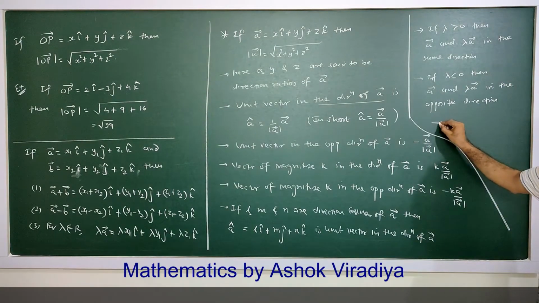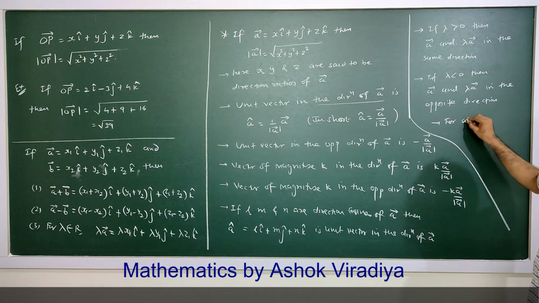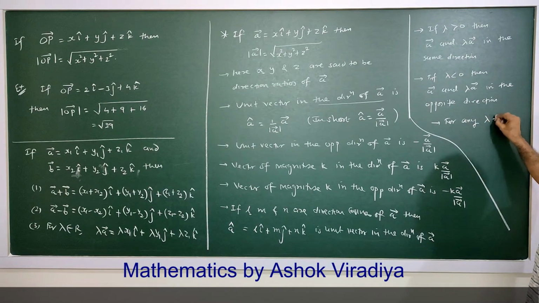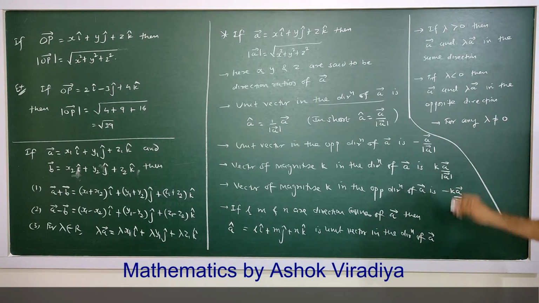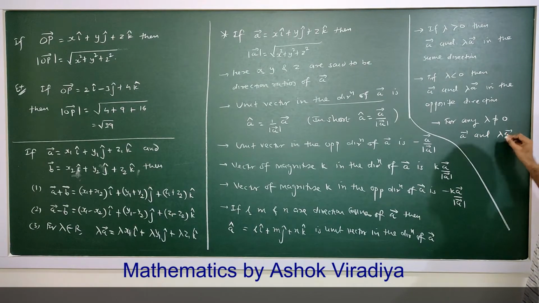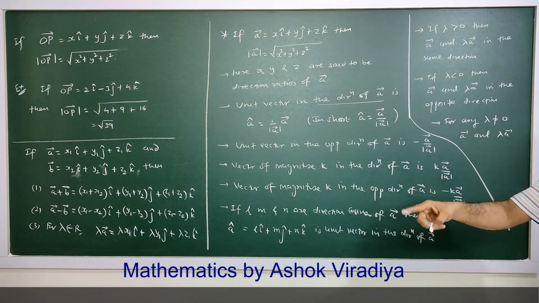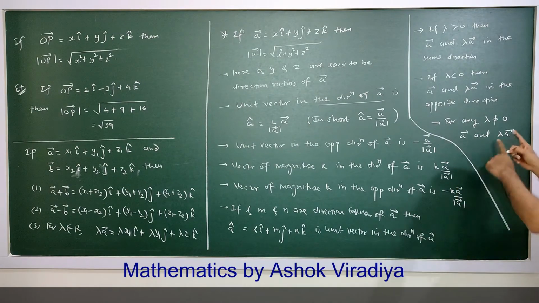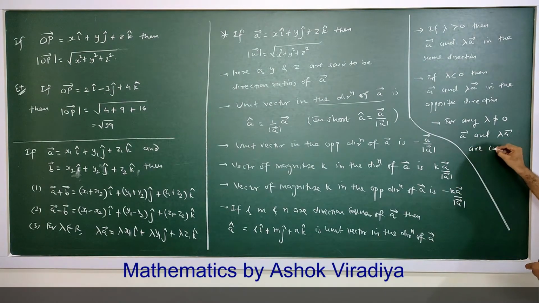That means for any non-zero lambda, vector A bar and lambda A bar are either in the same direction or opposite direction. So these are collinear vectors.